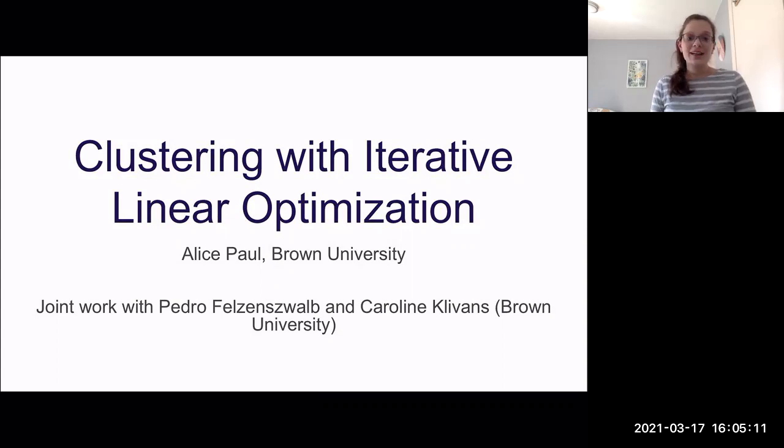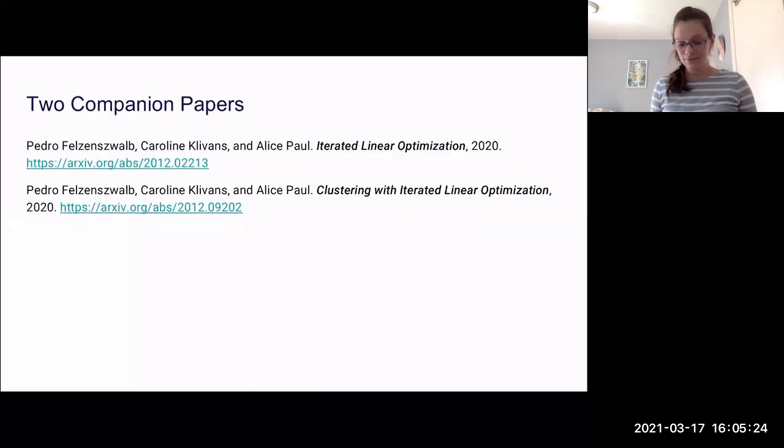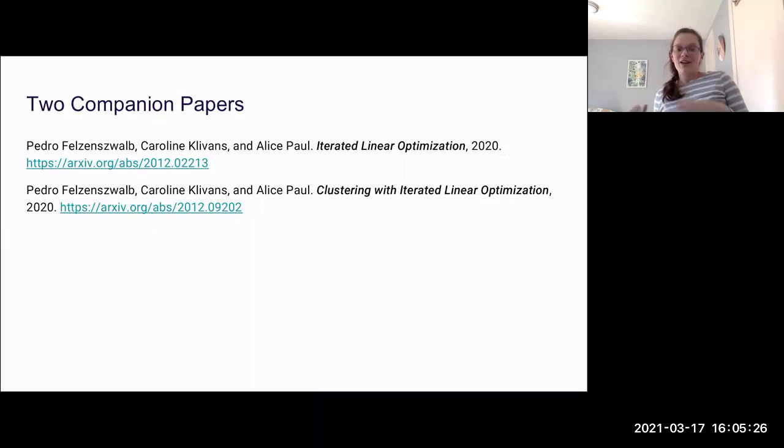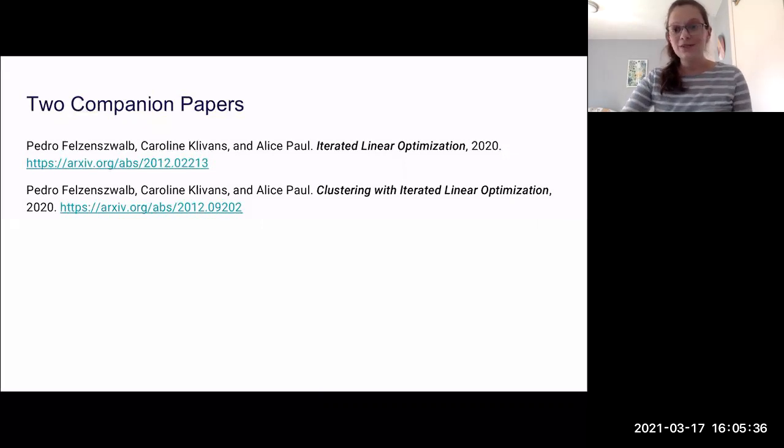So today I'm going to be talking about clustering and a particular way of approaching clustering, all tied together to this general optimization idea of iterative linear optimization. As I talked about before, this came from a project that I started when I was a postdoc. It was a fun project to work on because it involves a couple of different areas.